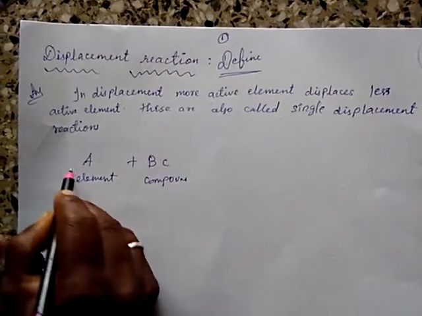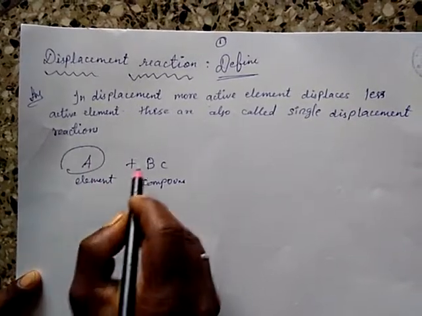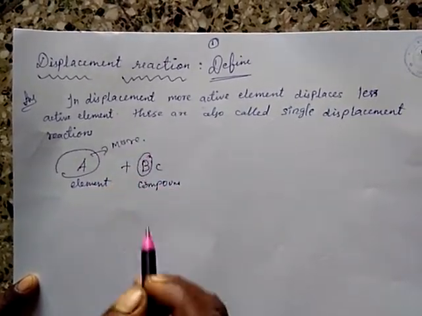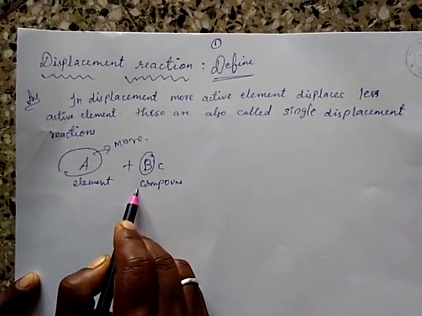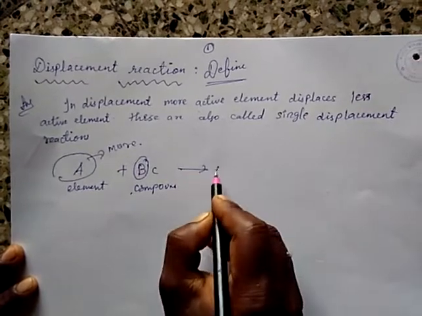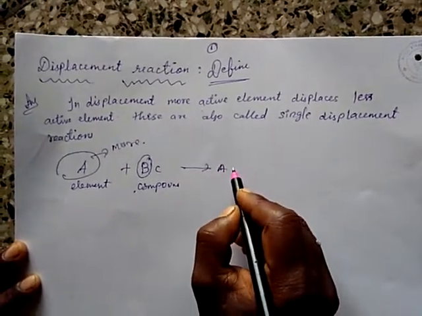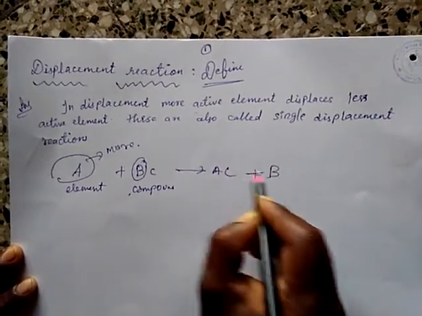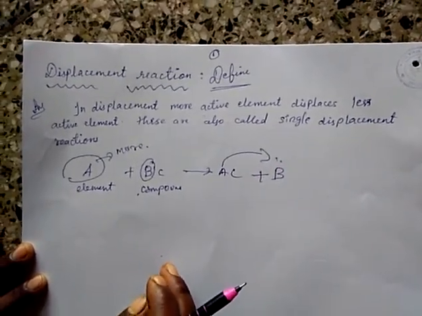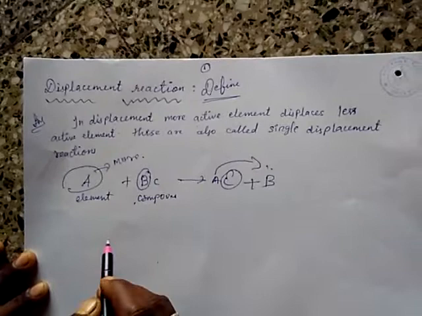Now, A is more reactive than B. So A displaces B and combines with C.